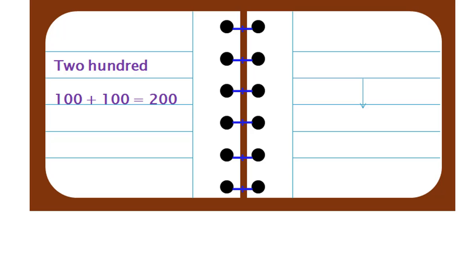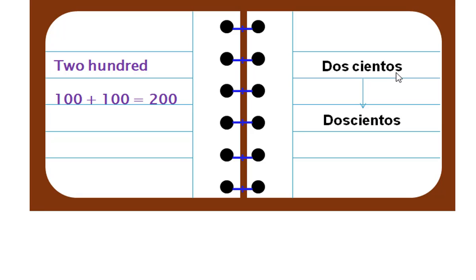200. Doscientos. So 200 is basically 100 plus 100. 2 is dos. We know the rule: anything above 100, ciento. So that's why we have ciento over here. And because we are talking about more than 100, we add an s towards the end.